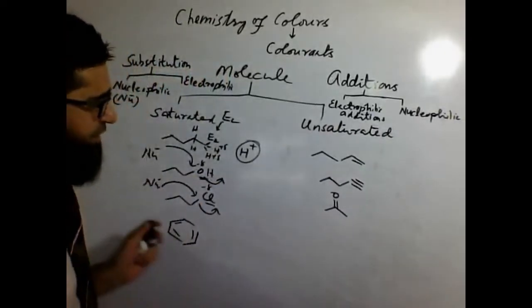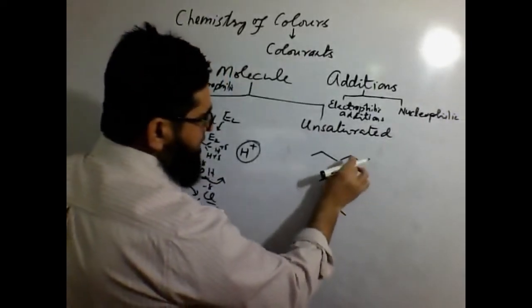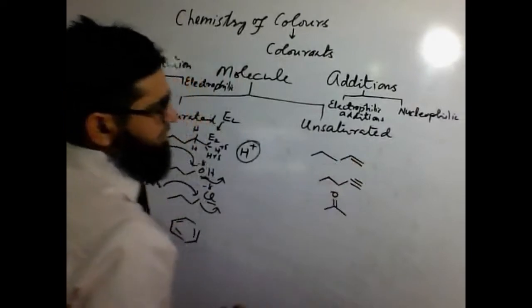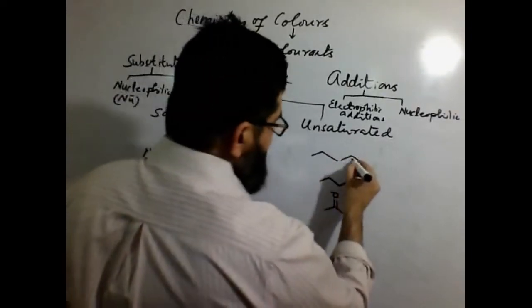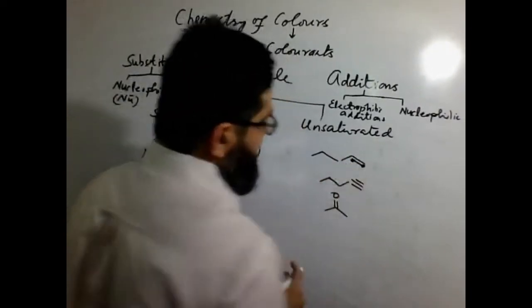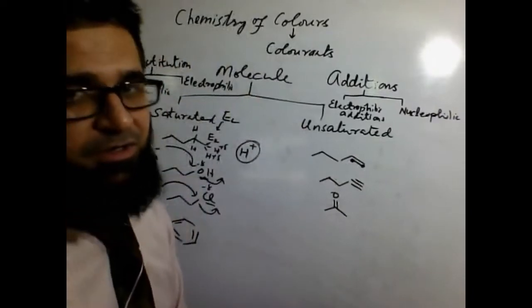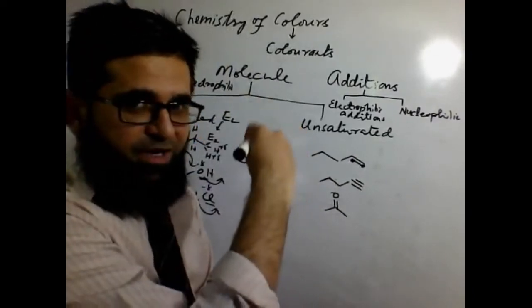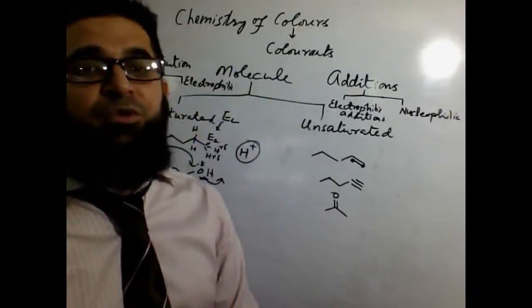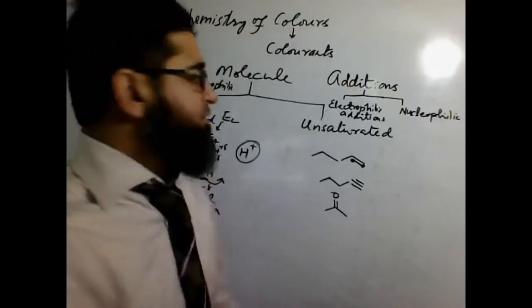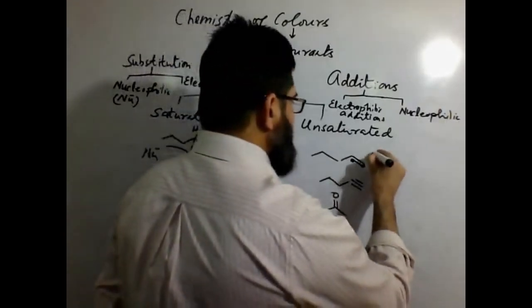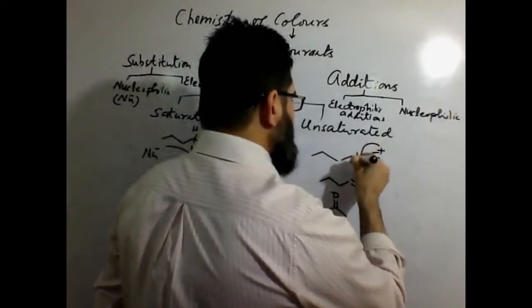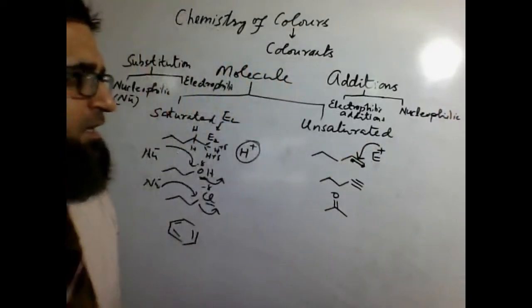Let's take the example of this alkene, where a double bond is present. Double bond means the presence of electrons, an excess of electrons is there. So someone can come in to get those electrons. Who will come? Who needs electrons? Somebody who has a positive charge on it. So an electrophilic addition can happen at alkenes.